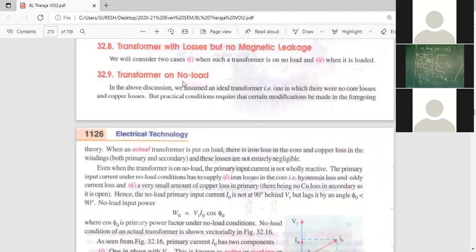Next, IM. Where is IM flowing? See the circuit. In XM, the magnetizing reactance. IM is the magnetizing current, right? IM is equal to magnetizing current.